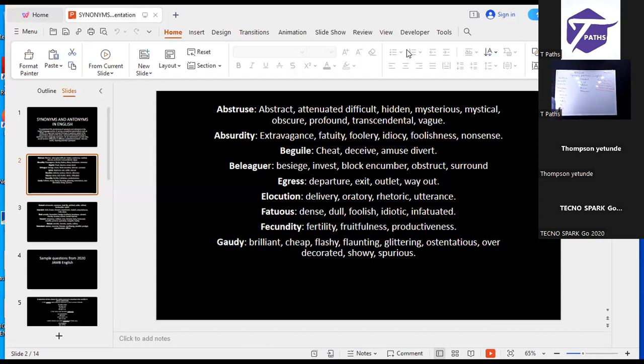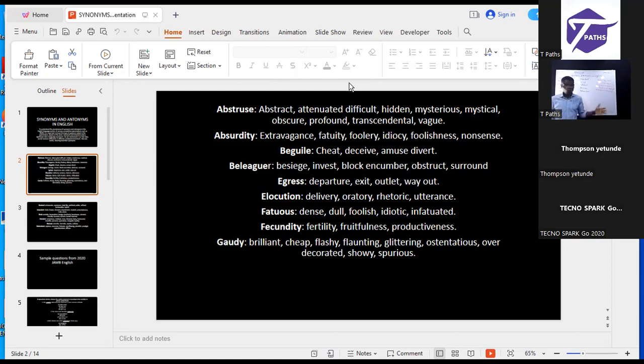Now, when you look at the word absurdity, what other word does absurdity mean? Absurdity means extravagance, fatuity, foolery, idiocy, foolishness, nonsense, right? Those other words I'm mentioning that could mean this word, you may see them in an expression.